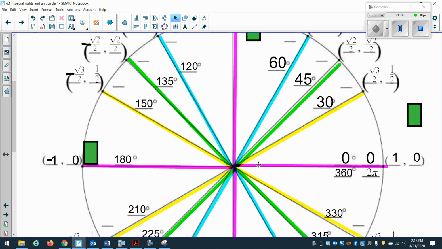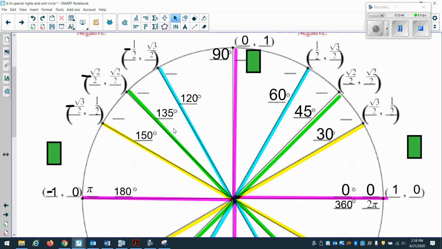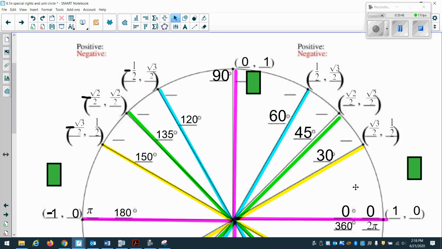What is half of 360? 180. Well, half of 2 pi is just pi. Then if you look at half the circle from 0 to pi, what is 90 degrees then? 90 is half of 180, so this must mean pi over 2.